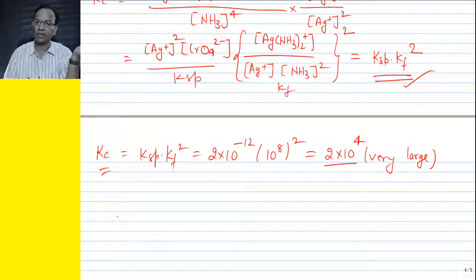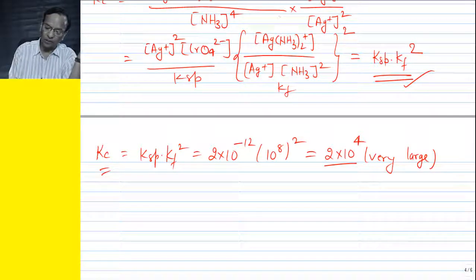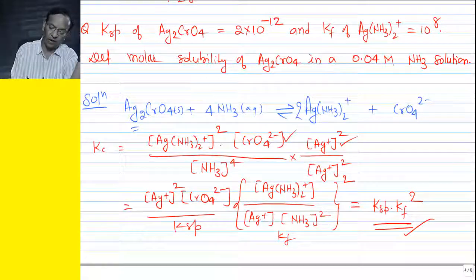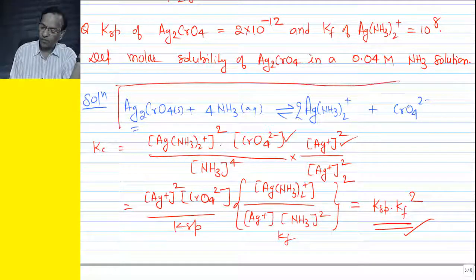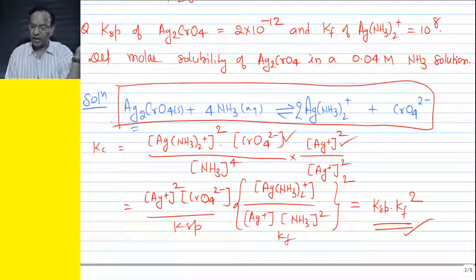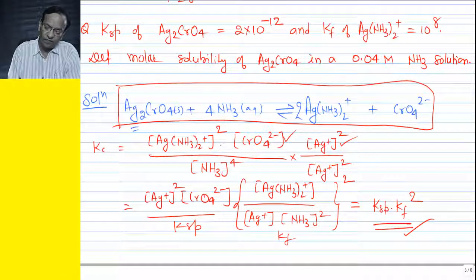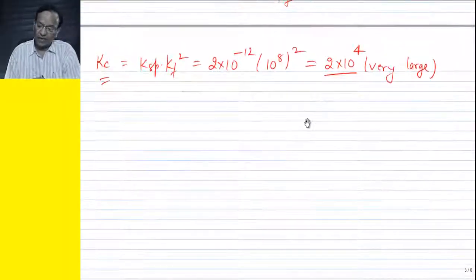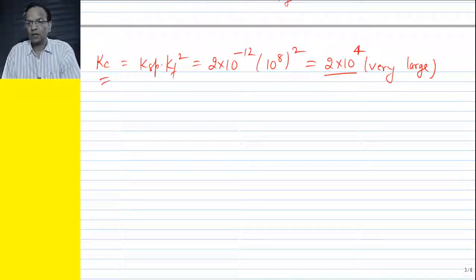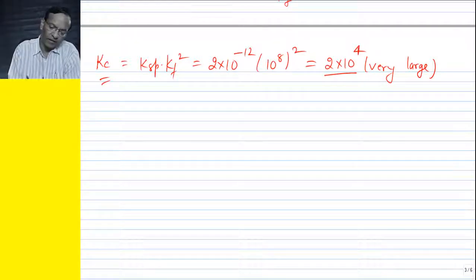So now we can say that this dissolving equilibrium will lie predominantly to the product side. So we can say that the entire ammonia will be consumed in this dissolving reaction.